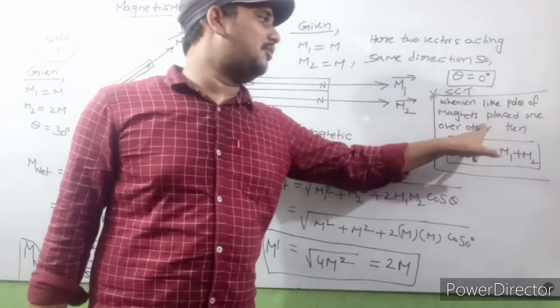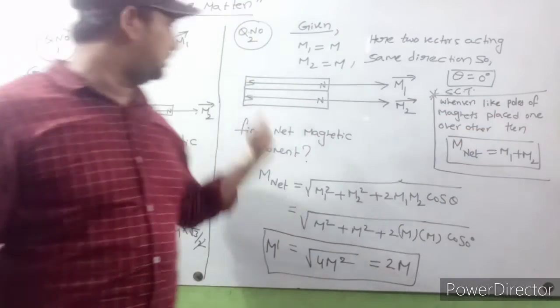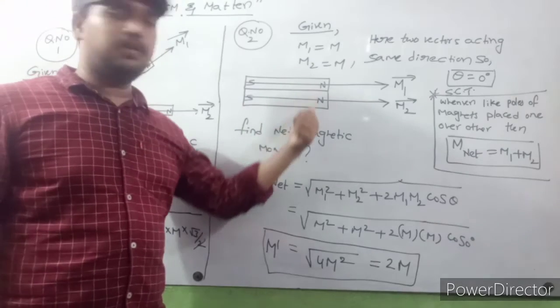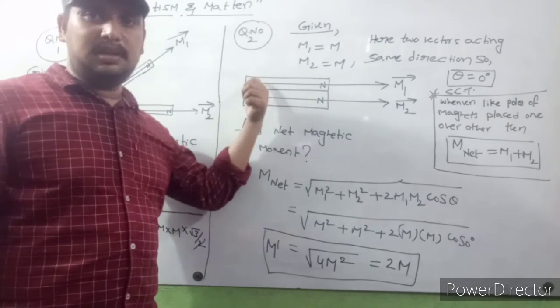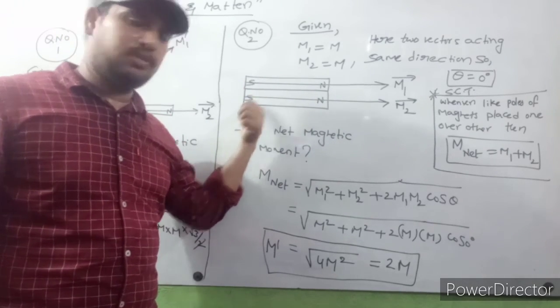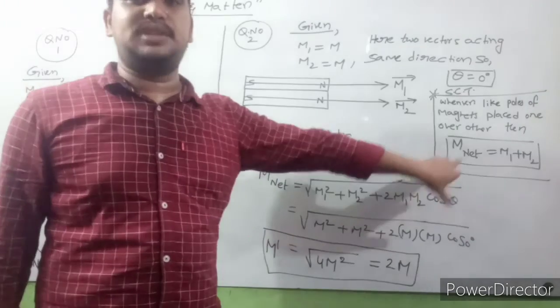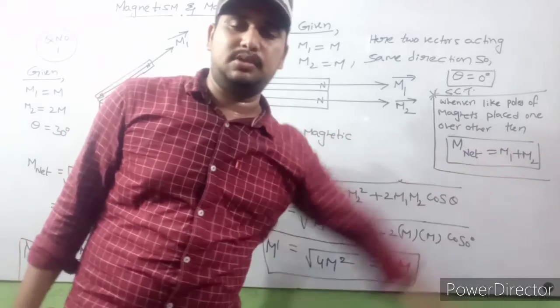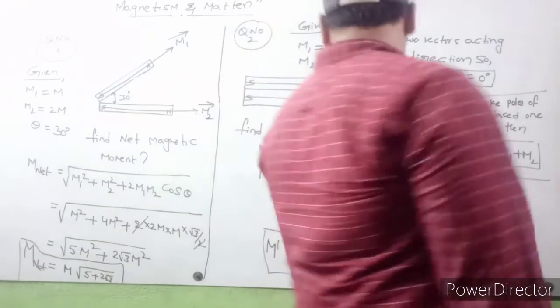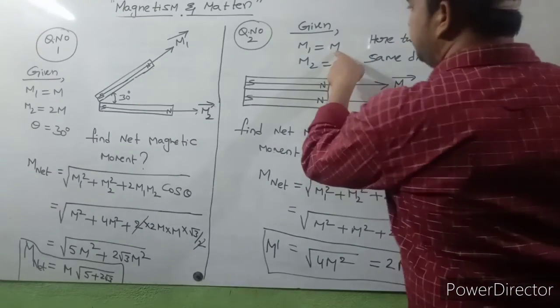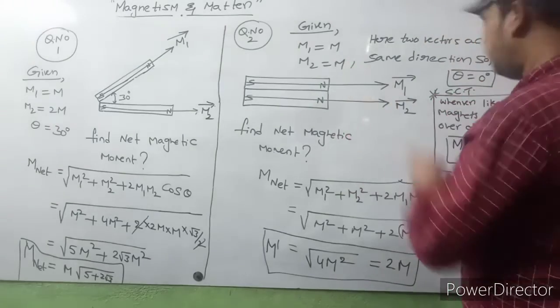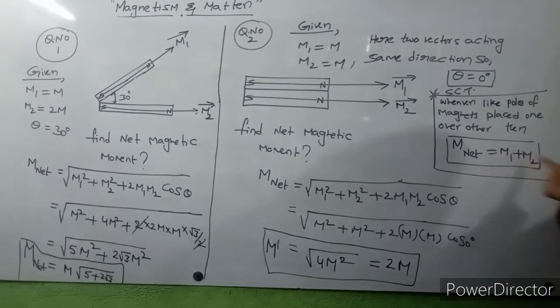Whenever like poles of magnets are placed one over the other, this is south pole, north pole. Like poles: south pole is placed over south pole, north pole is placed over north pole. At that time, for net magnetic moment you just take the formula m1 plus m2, you just add it. So here m1 value is m, m2 value is m, then m net is m plus m, 2m.